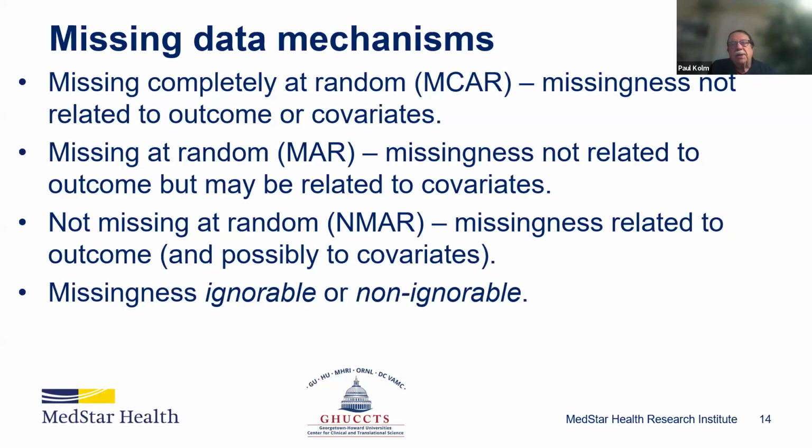If our data is not missing at random, in other words, the missingness is related to the outcome, then we really can't do multiple imputation in the more common ways that we can with missing at random. I'll give some examples of that later on.